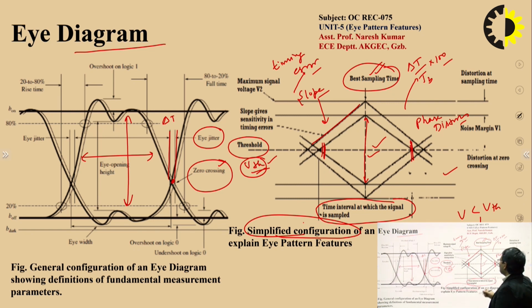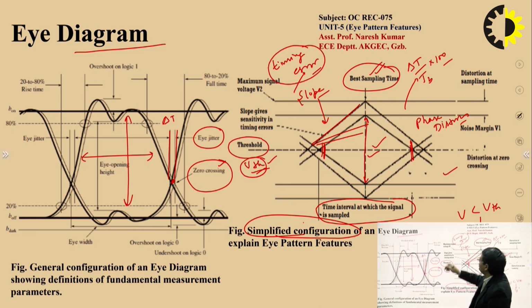So, as the slope becomes more and more horizontal, we can see that the eye gets closed. If the eye is closing, then the sensitivity towards timing error or synchronization error also increases, and overall performance of the system gets decreased.